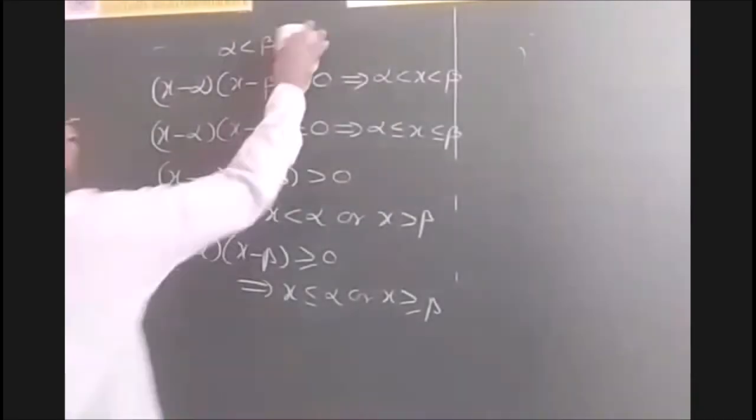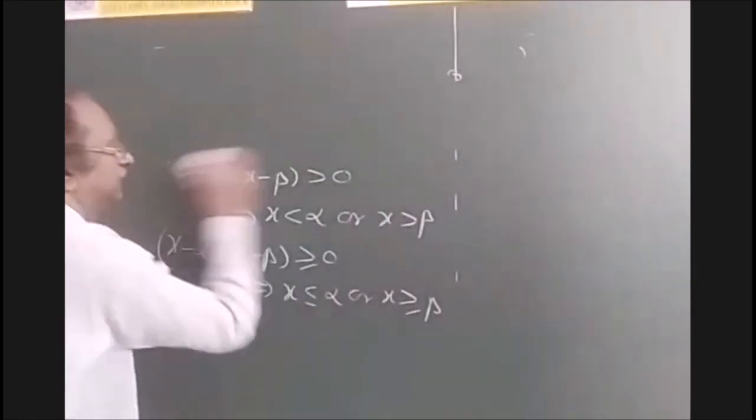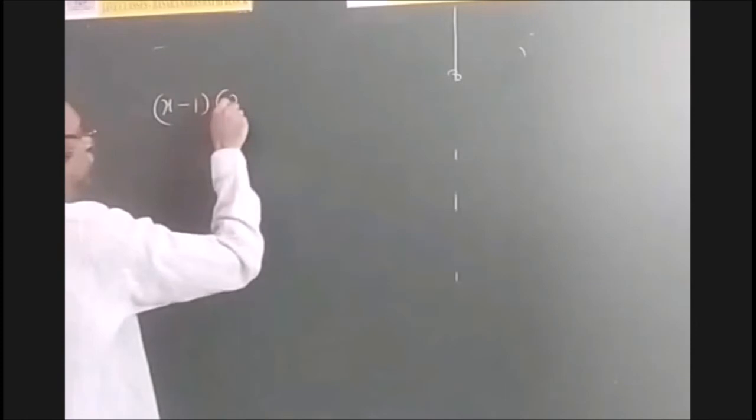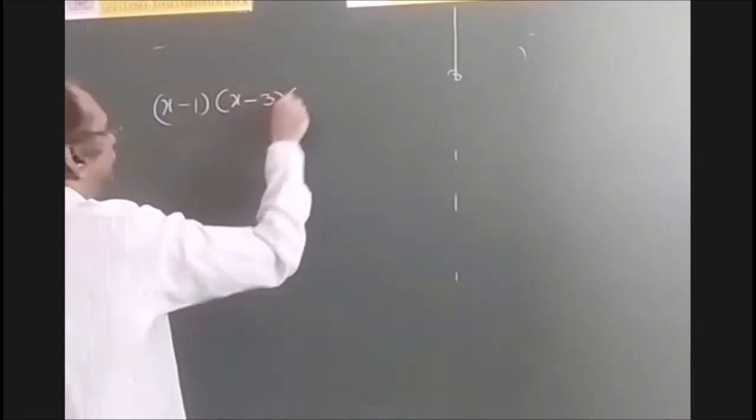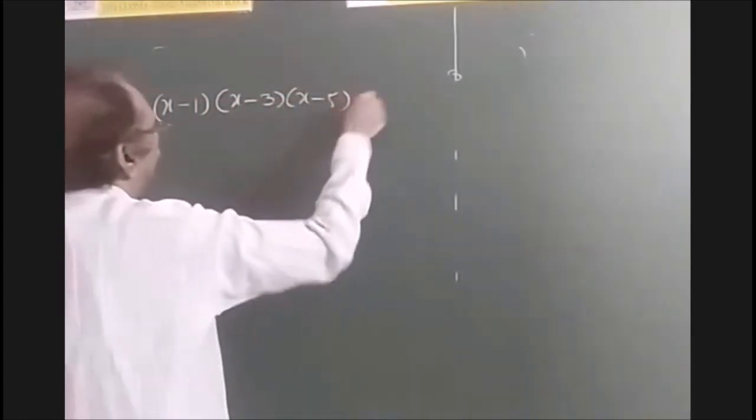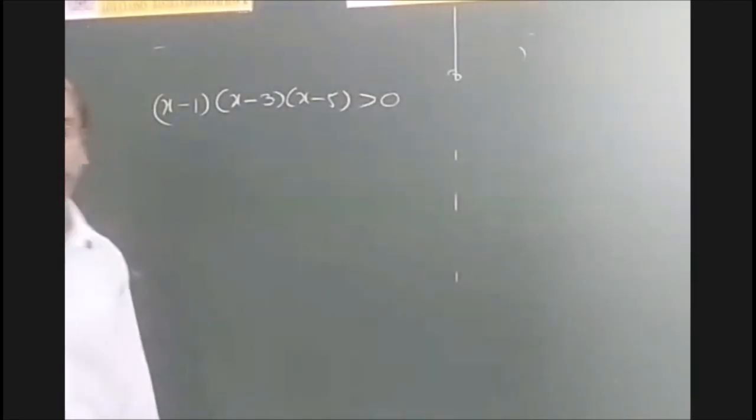And suppose there are three factors. Suppose I take (x - 1)(x - 3)(x - 5) > 0.